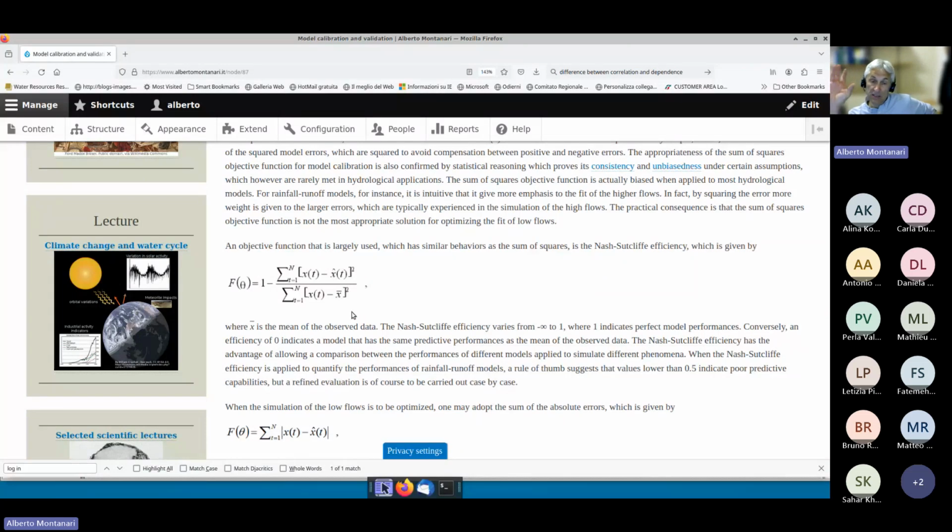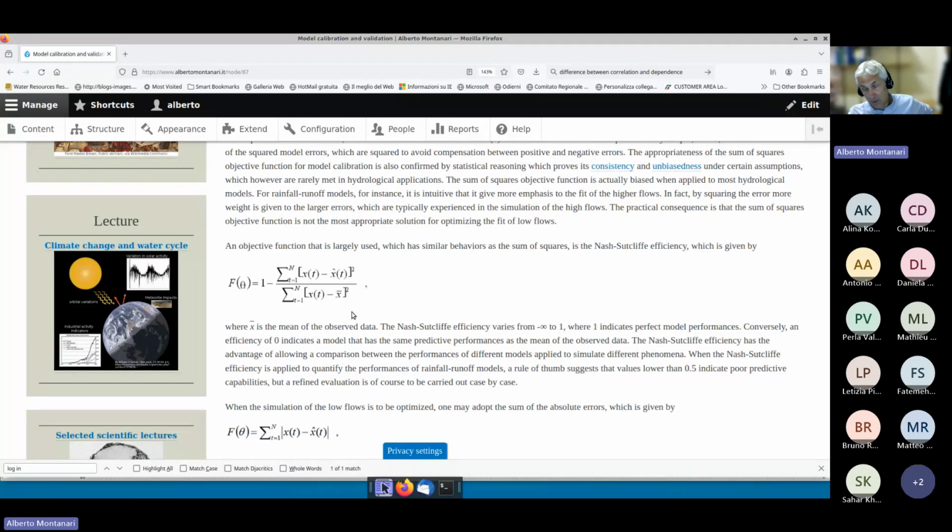So you see the advantage that you get with this objective function. It is all in all similar to the least squares. It gives the same results. But on the other hand, it is bounded typically in the range 0, 1, even if it is not formally bounded, because it may result in a value that is lower than 0.